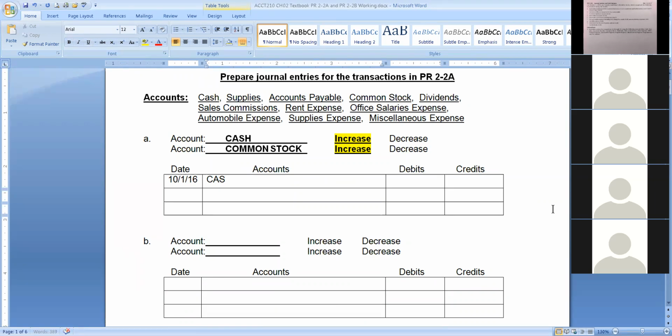Cash, an asset, going up. And how much can you put in? 40,000.